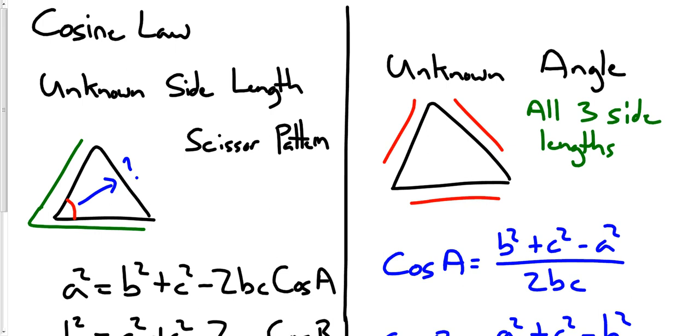So unlike sine law where you have to have a side angle pairing, there's no such thing in cosine law. In cosine law, it's either the scissor pattern or all three side lengths to solve for an unknown side length or an unknown angle, respectively.